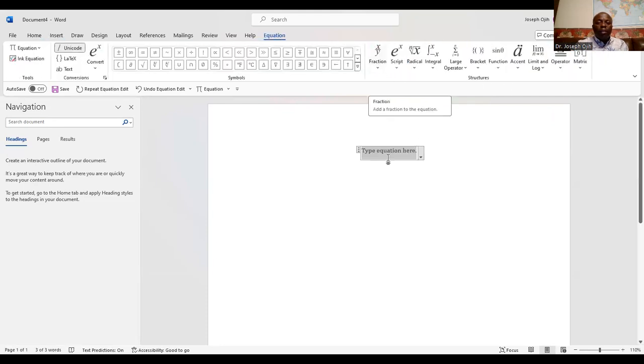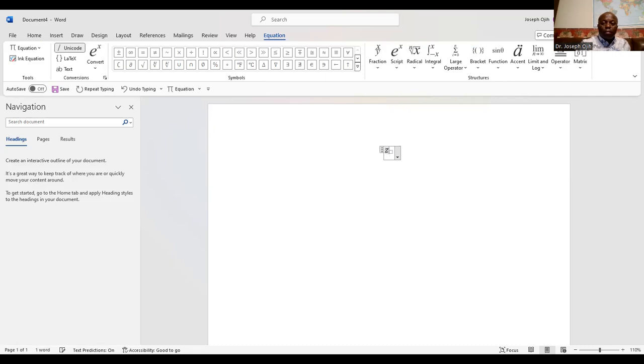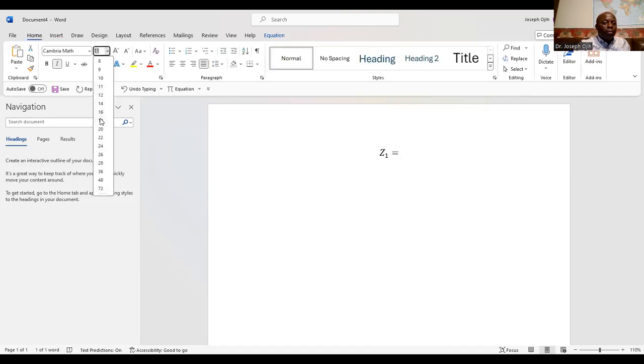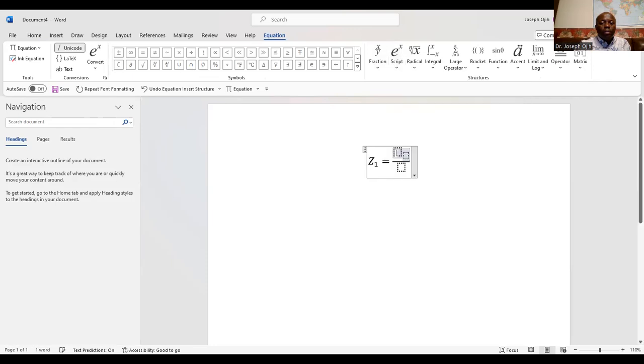We have it in this form: z1 equals, let's make it 18, good enough. z1 equals x1 minus the mean, divided by the standard deviation.